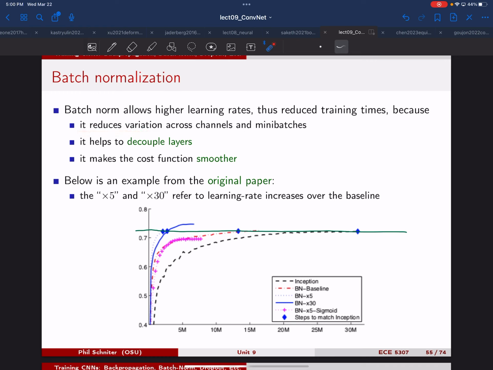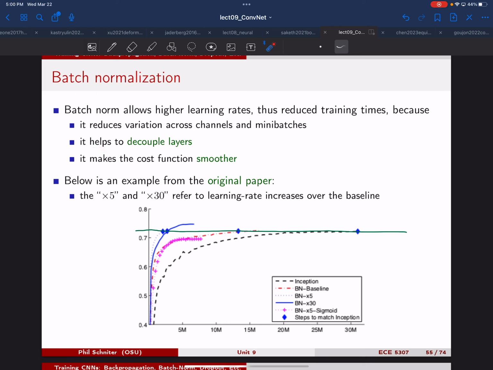And it turns out that it also helps to decouple layers. Because if you have a situation where some of the features in one layer are extremely big, and then you change them, that's going to have an effect on the next layer. By forcing them all to be around the same size, it helps to decouple the layers. When the layers are decoupled, they can be learned much faster. They don't have to depend on each other.